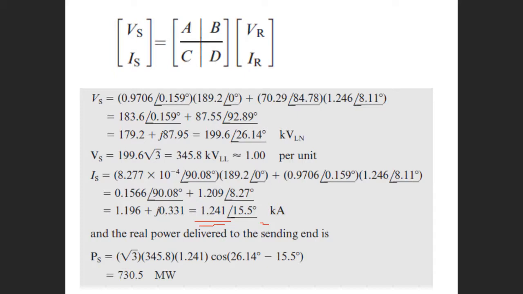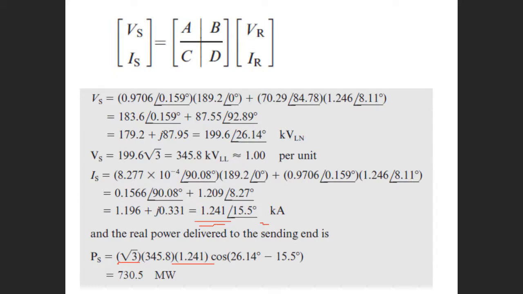And then the real power delivered to the sending end is simply V times I, square root of 3, because this is three phase now. Three phase means square root of 3 times V line to line times I line times the power factor.